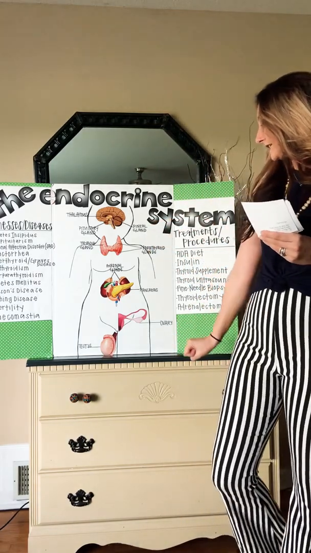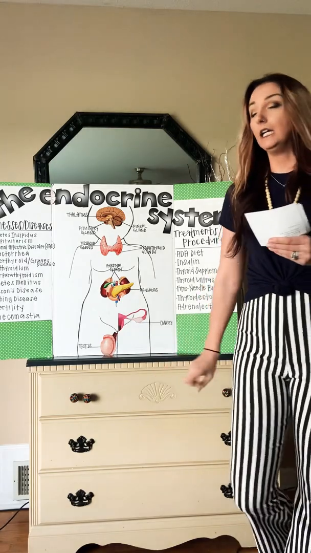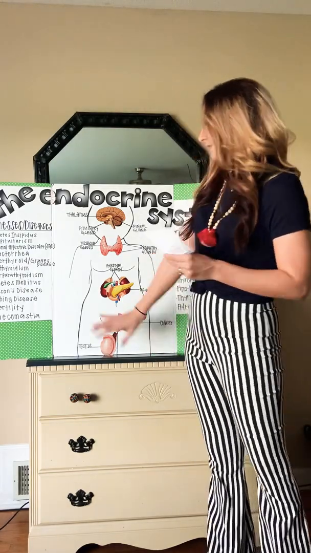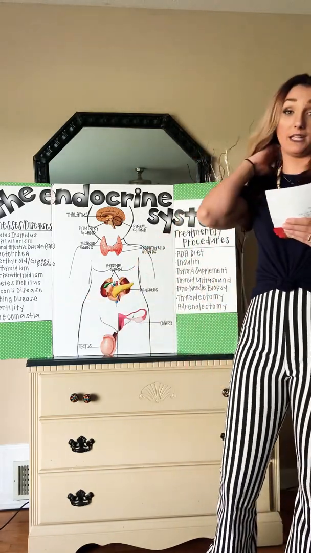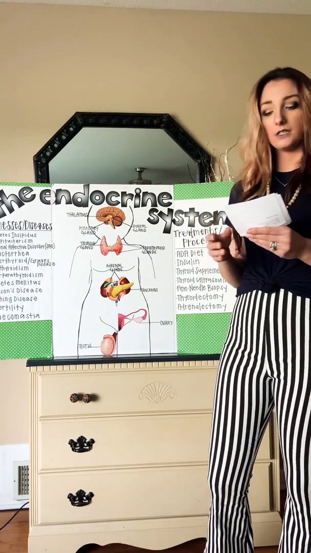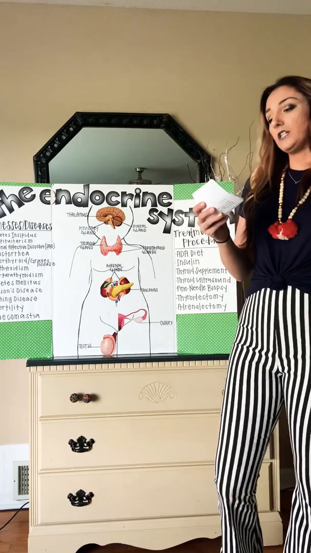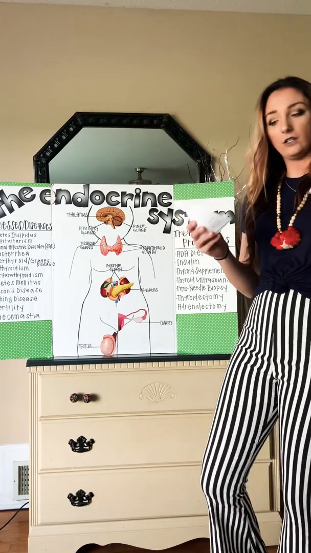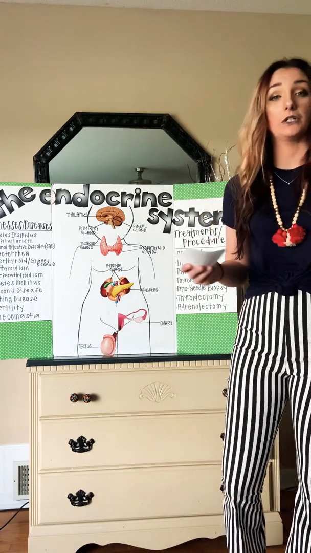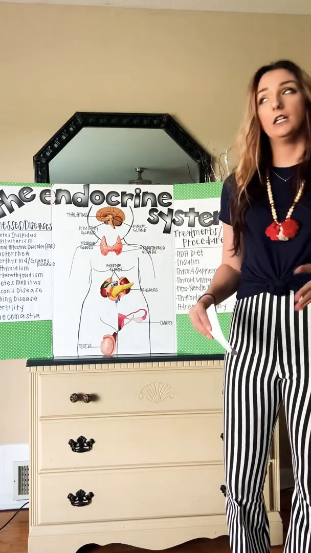So finally, we move on to the last portion of the body. We have infertility, which can be in both male and female. So with infertility, you're thinking hyposecretion of your estradiol in your females or your testosterone in your males.